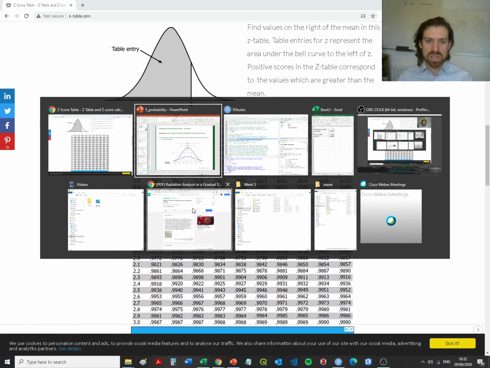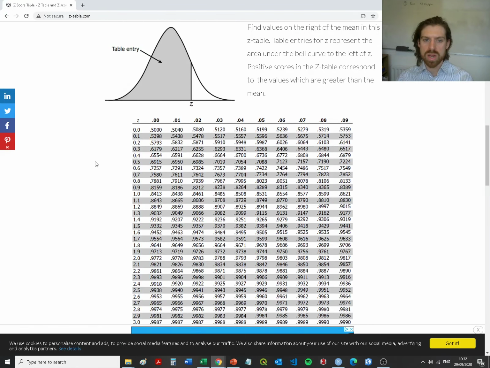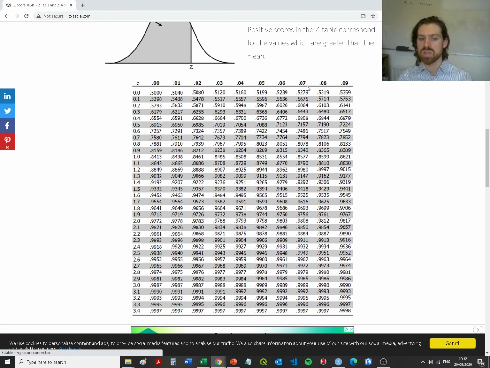Okay, so the value that we got is 1.0733. So in order to interpret this, we need to go down the y-axis here until we get to 1.0. So we know that we're looking at this row here. And then when we're on that row, we need to go across the x-axis looking for the 0.07, which is the next set of values in our score.